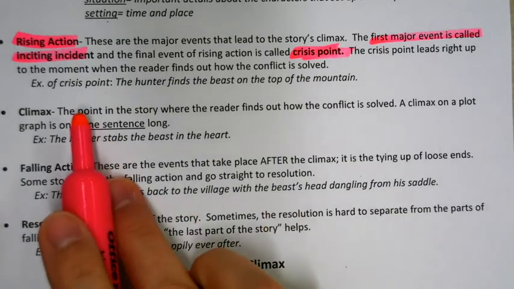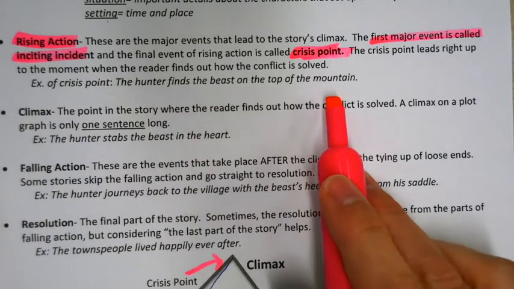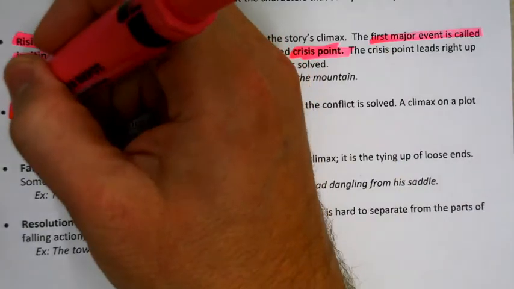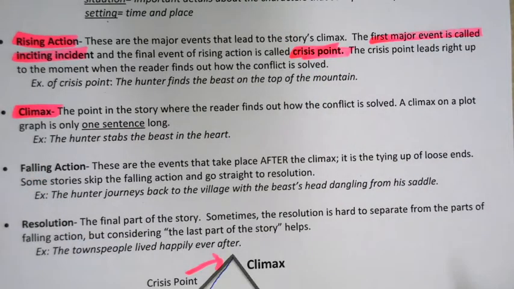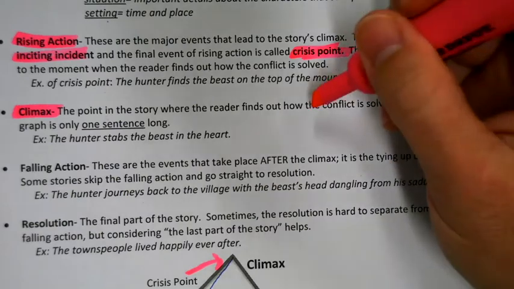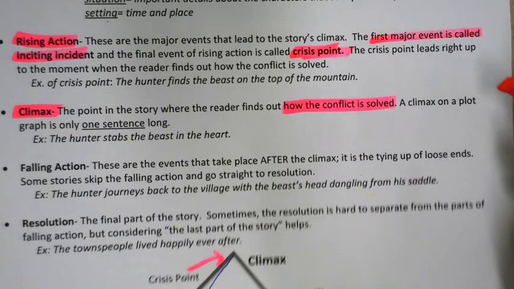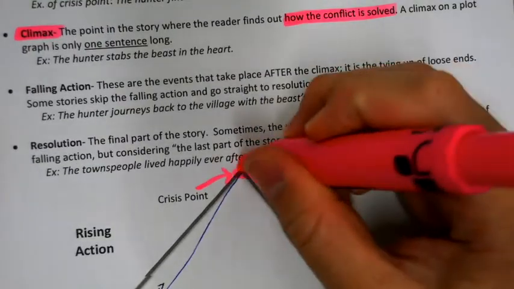So here's an example. The hunter finds the beast at the top of the mountain. He hasn't solved the problem yet, but he's getting right up to it. As we talked about, climax is the point in the story where the reader finds out how the conflict is solved. A climax on a plot graph is only one sentence long, and that's right at the top here.